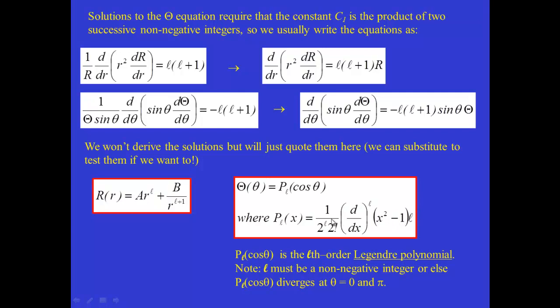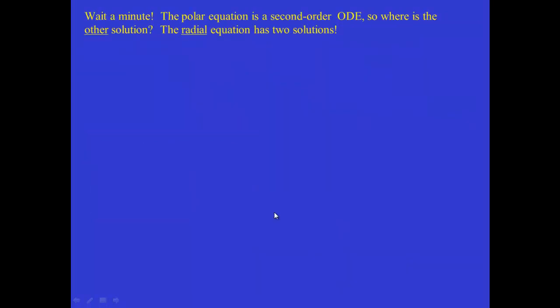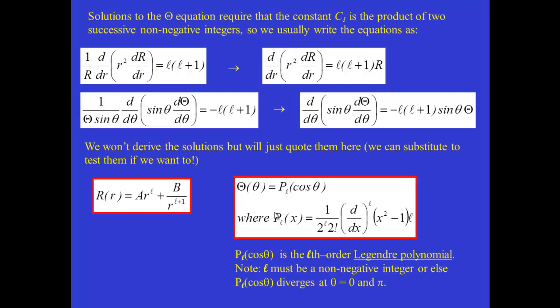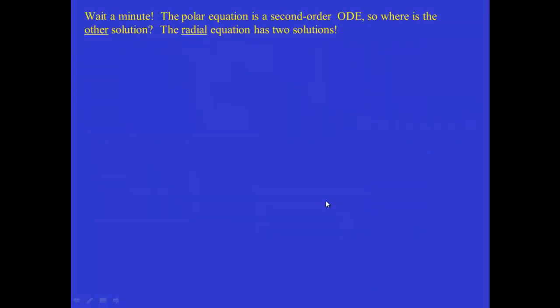All right, so we now have solutions to Laplace's equation with azimuthal symmetry. However, you might be thinking, hold on, you showed me solutions to the radial equation, and since it's a 2nd order equation, there were 2 solutions. We're used to seeing that sort of thing. But in the theta equation, you only told us about 1 solution. So hold on. Why doesn't the polar equation have another solution?